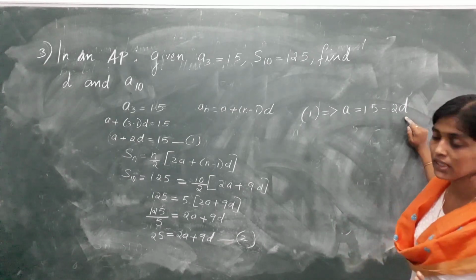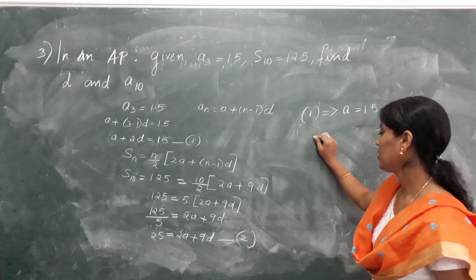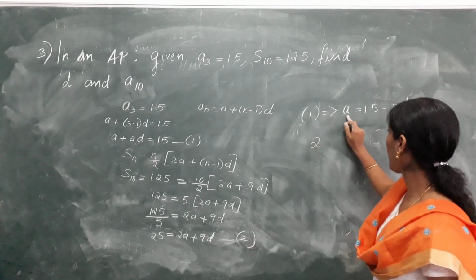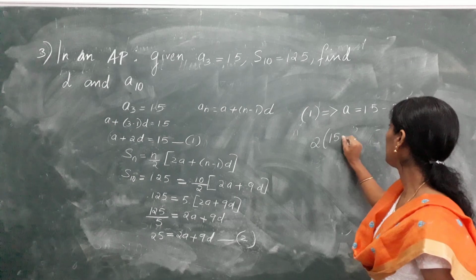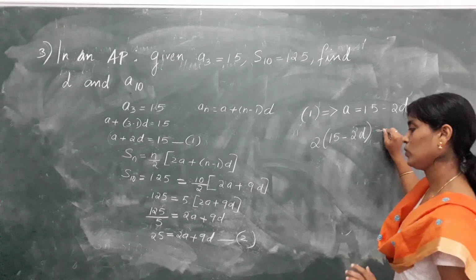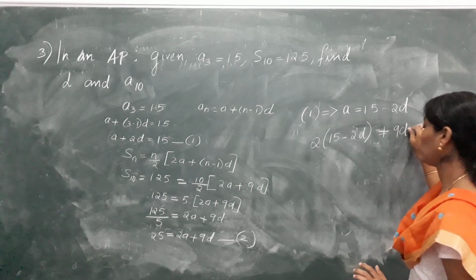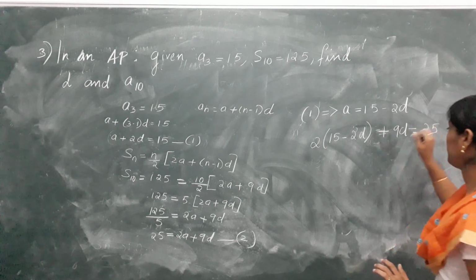Next this value of a we will put in equation number 2, so that we will get a linear equation in d. So you will get 2 into 15 minus 2d, plus 9d, that's equal to 25.